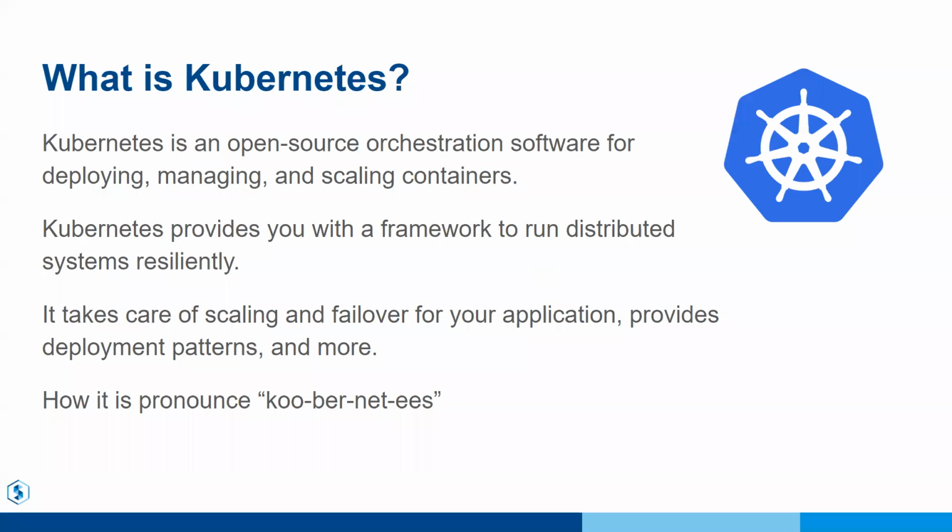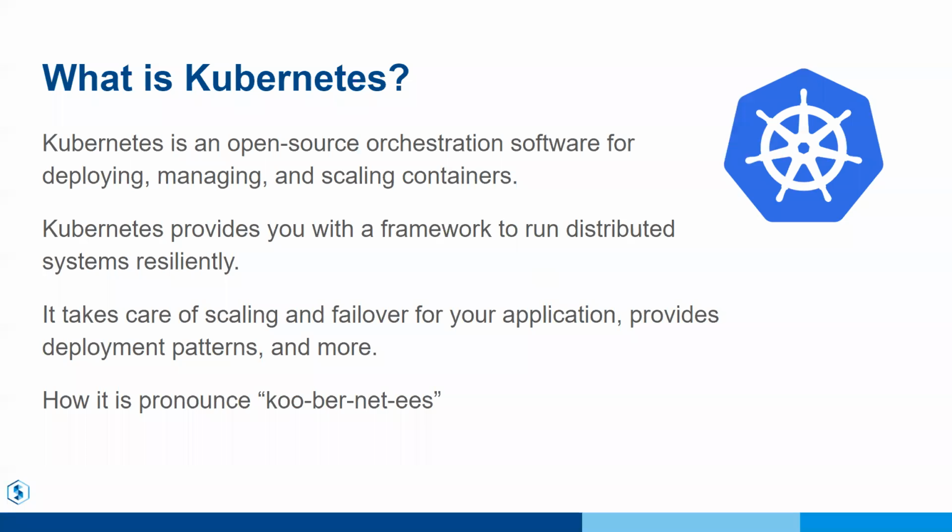Kubernetes is an enormous thing to describe, and anybody can spend more than an hour going over it. So just as a brief introduction, Kubernetes is open source software that helps you deploy, manage, and scale containers.